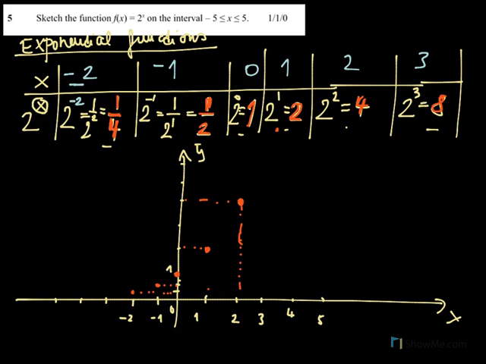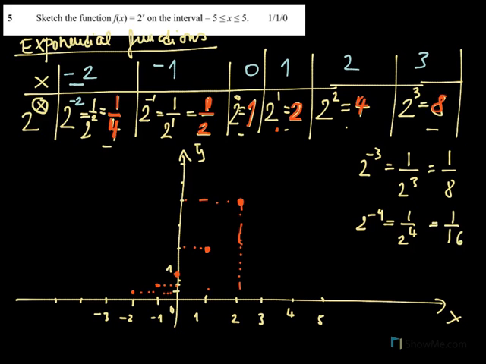And now it's hard to sketch or find the value here on the graph for -3, we can evaluate it as 2 to the power of -3 is 1 over 2 cubed, 1 over 8. If we continue to 2 to the power of -4, 1 over 2 to the 4th power, 1 over 16.